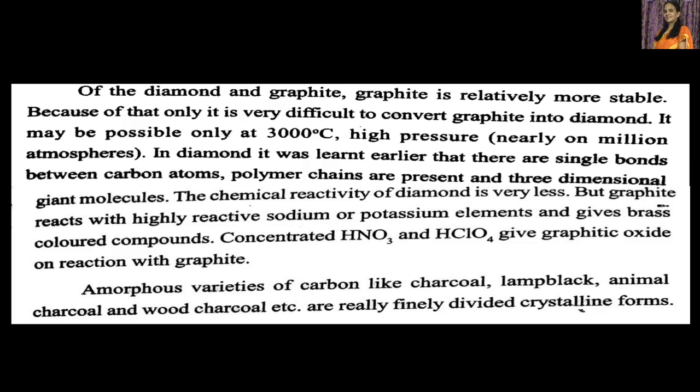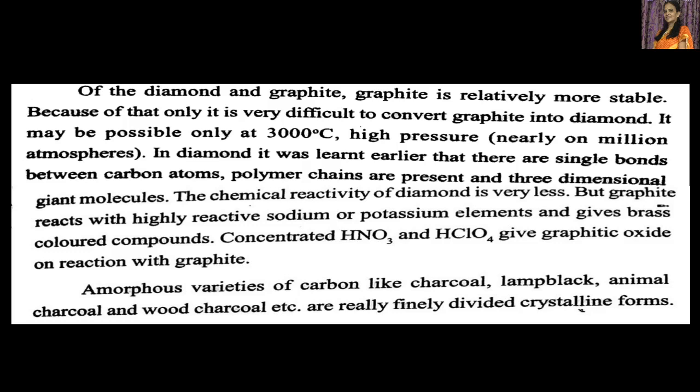Next, diamond and graphite. If we see a few differences in our comparative study, graphite is relatively more stable. Because of that, it is very difficult to convert graphite into diamond, and it may be possible only at 3000 degrees centigrade.